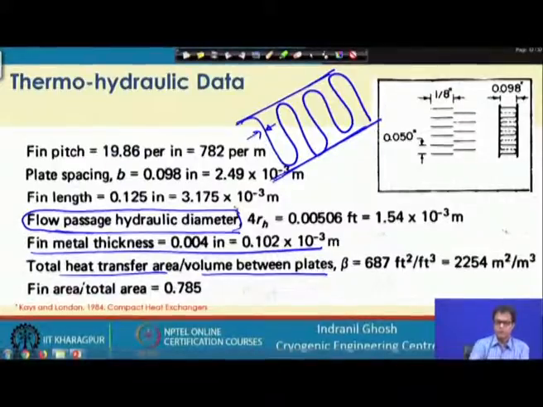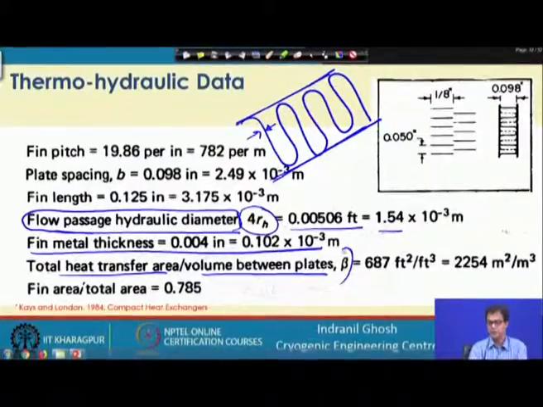From there we would be able to estimate this hydraulic diameter. It is already given for this type of fin, and it is 1.54 mm.